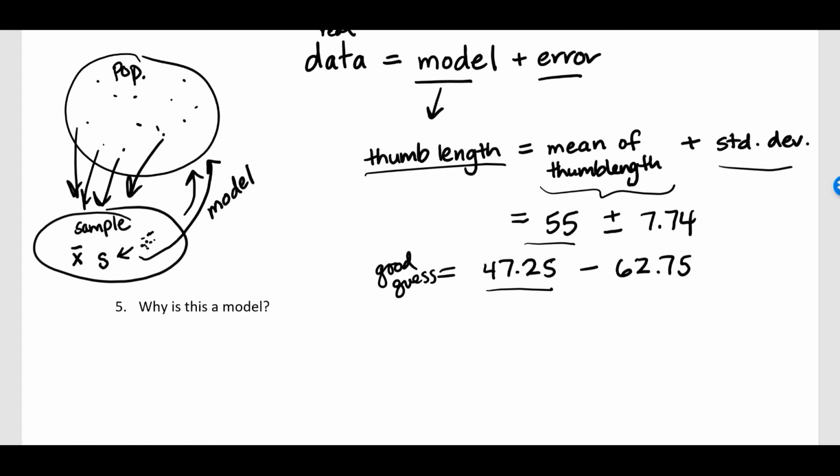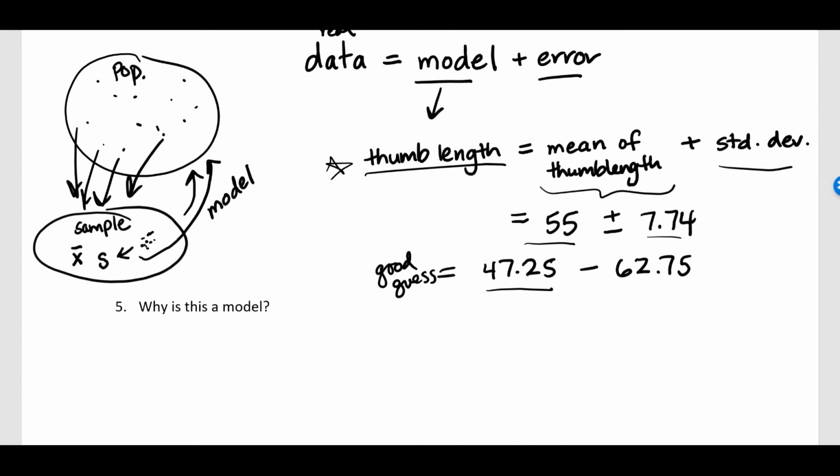It's going to be plus or minus about 7.74, since we know the data we have on thumb lengths shows that average variability among people in the sample's thumbs is about that much, right? So it's more of an around 55, right? If we're going to predict using this basic model, around 55, but probably within about 47.25 and 62.75 kind of answer.